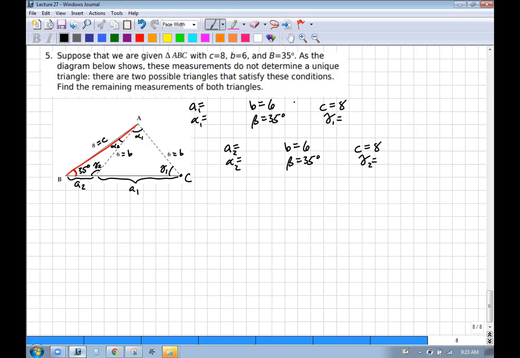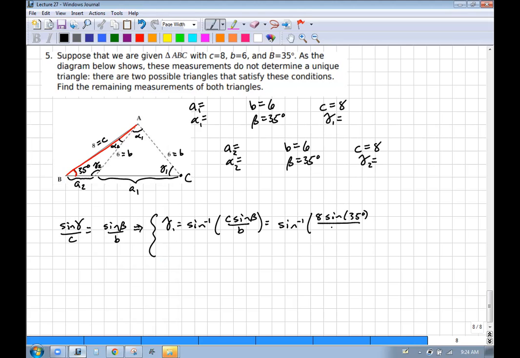All right, let's see what we can do here. Looking at this, I have 3 out of 4 pieces of information, so I can get what gamma is here. I would say sine gamma over C is equal to sine beta over B. So therefore, gamma would be sine inverse of C sine beta over B. Actually, let me do it this way. Call this gamma 1. C is 8, beta is 35 degrees, and B is 6.